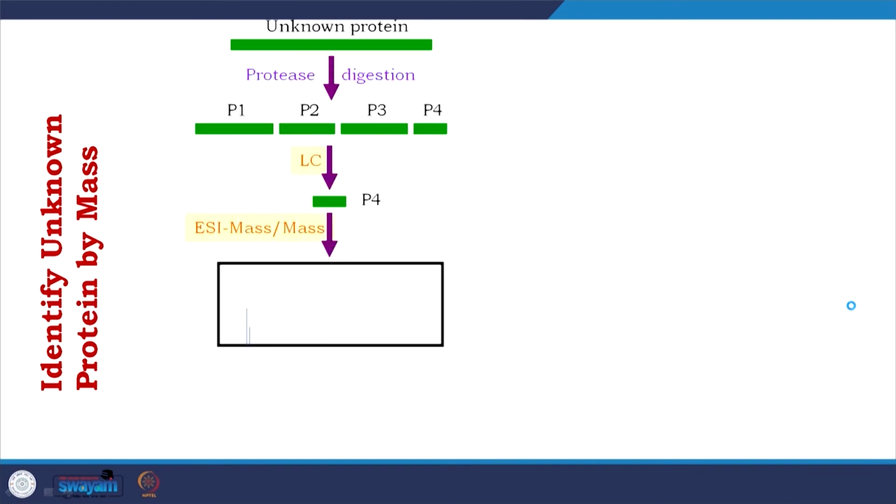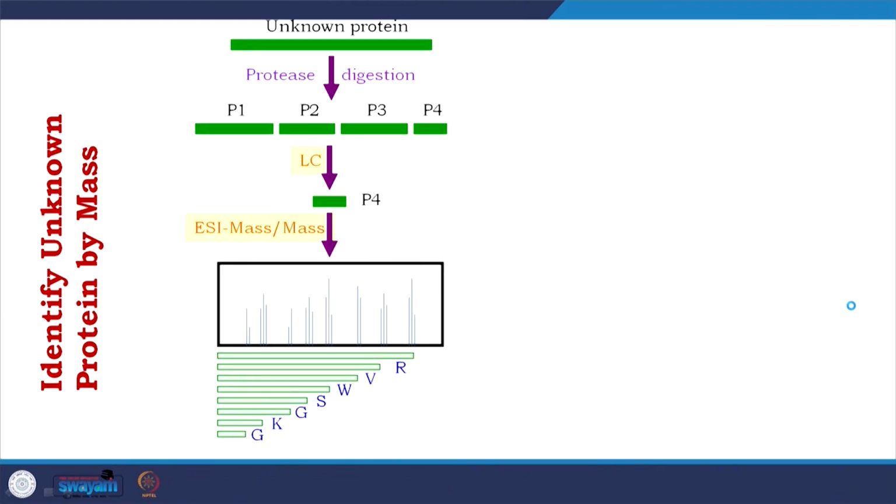Again, if you want to understand the proteomic modification, you do the same thing: unknown protein, protease digestion, get the fragments, liquid chromatography, isolate or purify the fragments, do the ESI mass and then get the sequencing.